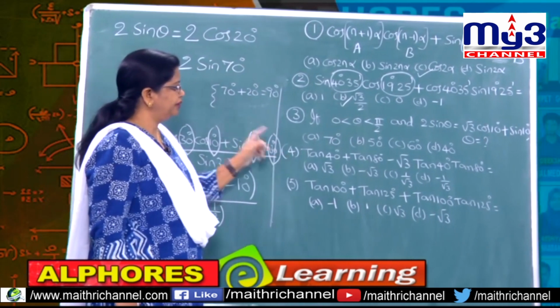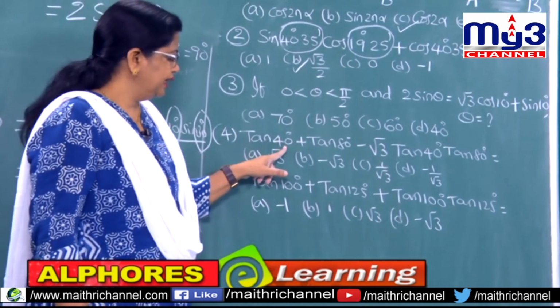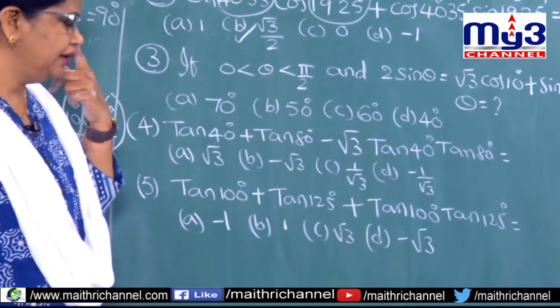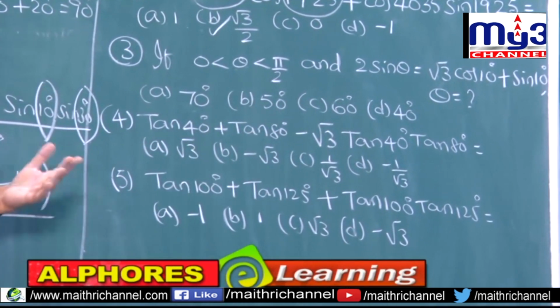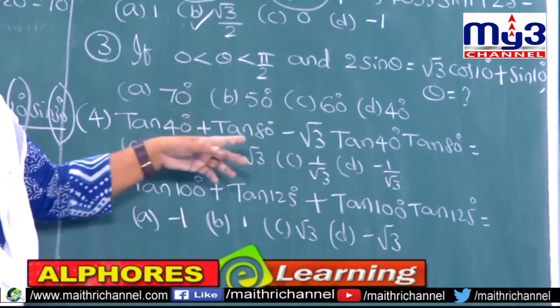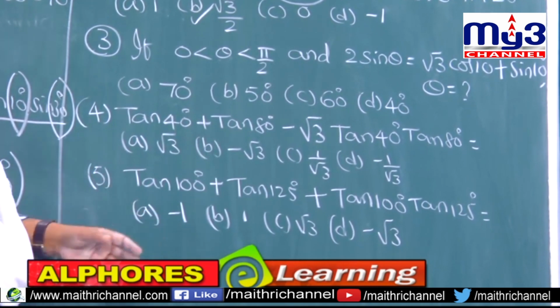Now what about the fourth one? Observe tan 40 plus tan 80, understand, and minus root 3 into this entire value. I already told you, you should not write tan A plus tan B as equal to tan of A plus B, understand, that is clear.